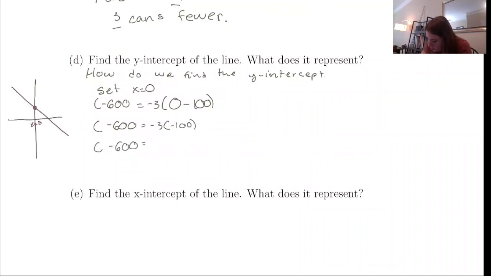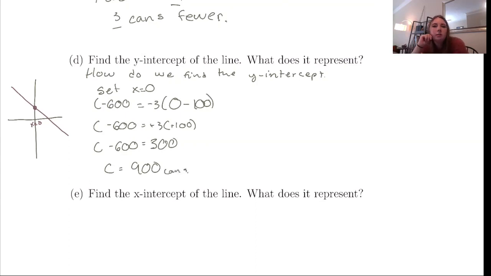Two negatives, I always like to think of them as coming together to make a little positive sign. That's how I remember it. So I get 3 times 100, which is 300. Then I move my 600 over and I get C of 900. So 900 cans.